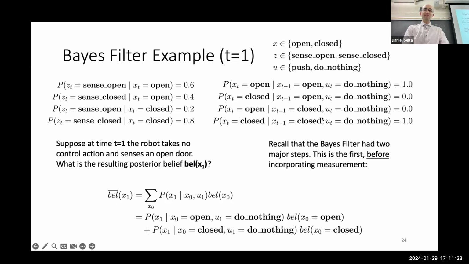I think I gave you the numbers to compute it. So what is the belief, with that line here, of X1?